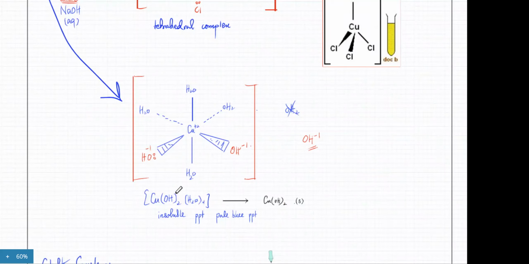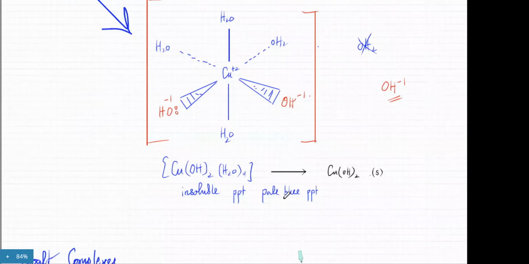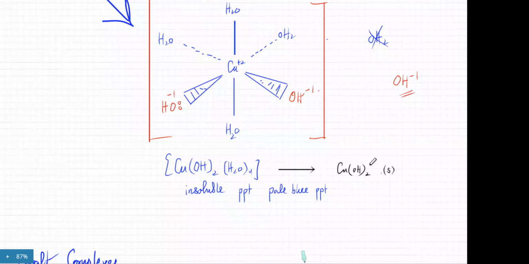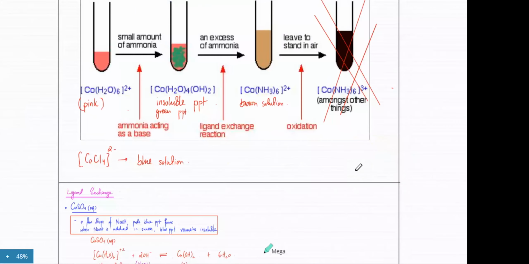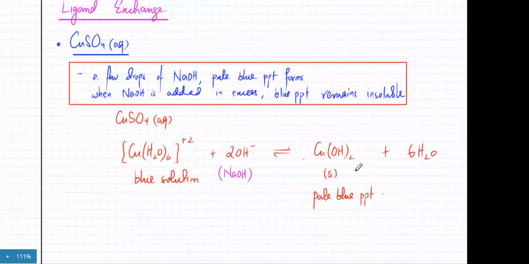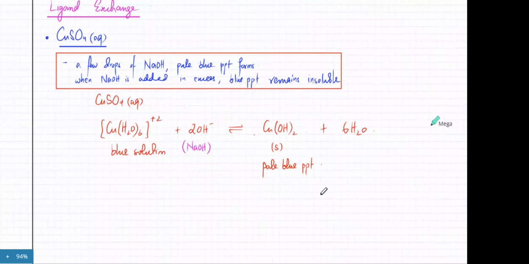It ends up forming copper hydroxide, which then leaves the solution, leaving the water behind because it's now a neutral molecule. It's not going to be attracted to water anymore. And a solid precipitate of copper hydroxide, which is a pale blue ppt, is formed. So this is the typical question that you get, and that's the equation that you're going to write for that specific question. Okay, is this clear?